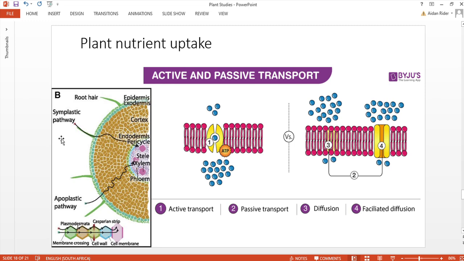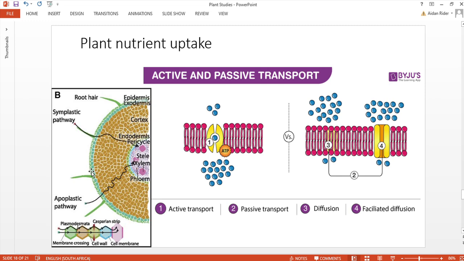The symplastic pathway is the simplest way for it to go, and it goes through the inside of the cells, in between the cells to the xylem vessels. The apoplastic pathway is through the membrane, or it can also be through the root hair, but it takes along the side. It stays in the cell walls, from cell wall to cell wall until it reaches the xylem vessels.